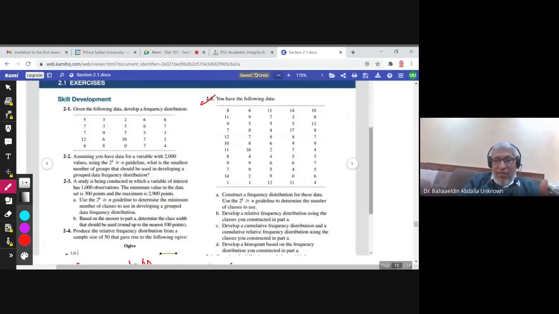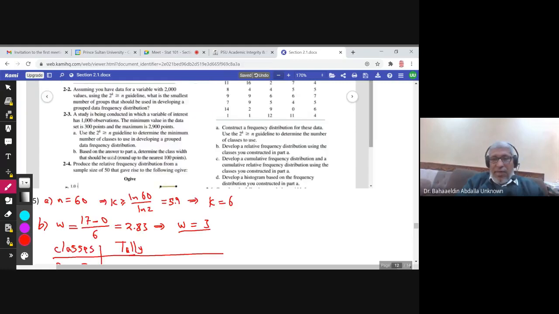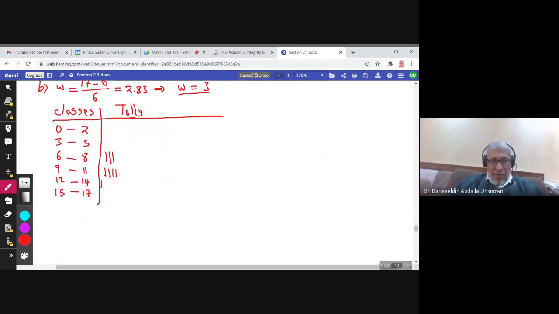But then I have 12, 10, 11, 8. But then 9, 7, 14, 1. 9 is the 5th value, so I'll make it like this. This is the first column.